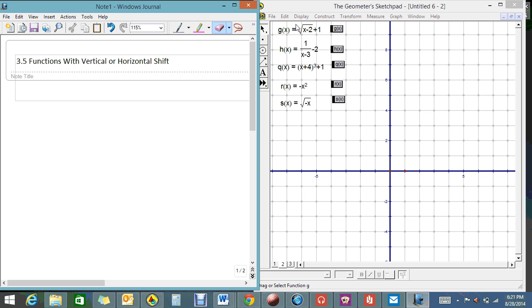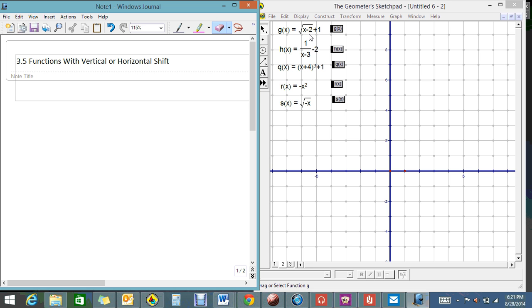So our parent function here is the square root of x, right? And the square root of x starts here at 0, 0, you remember, and comes off to the side. Goes through 1, 1, because square root of 1 is 1. And it goes through 4, 2, because the square root of 4 is 2. So what will this do?